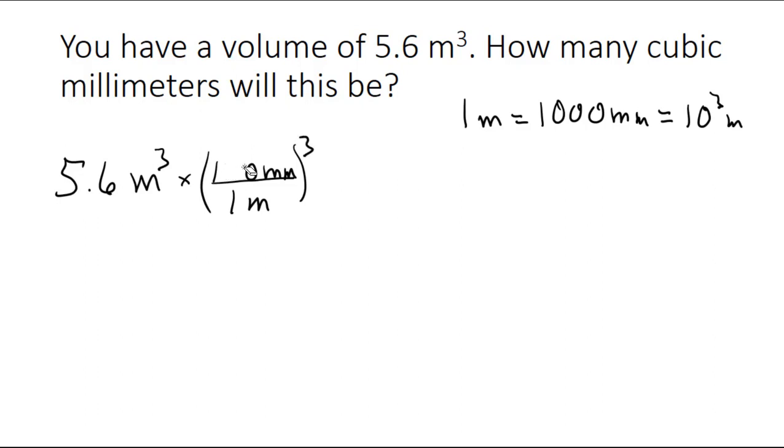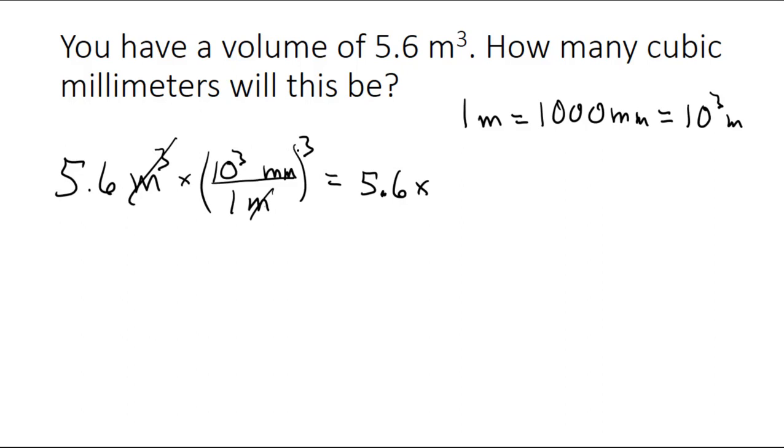Oops, I wrote that as 1,000. I wanted to write that as 10 to the 3rd. Let's see, now I can see the meters cubed here will divide with meters cubed there. So they're going to be gone. I'll end up with 5.6 times 10 to the 3rd cubed.